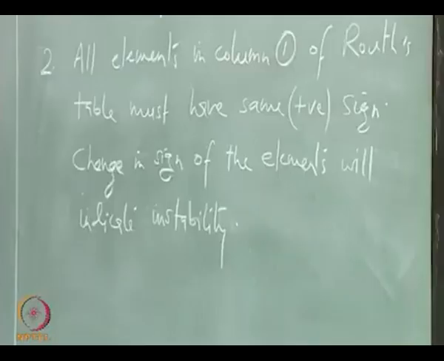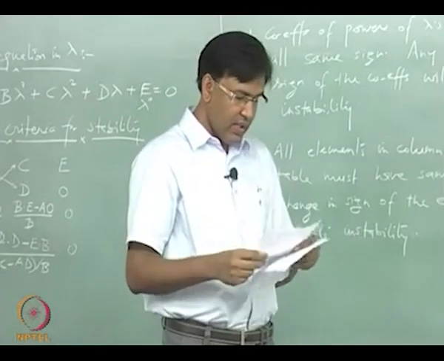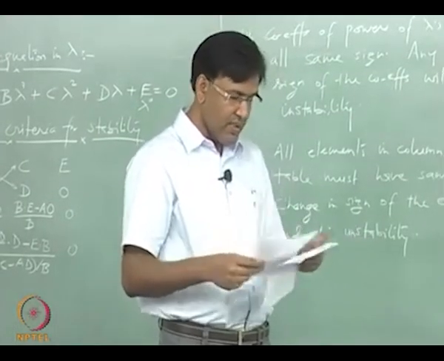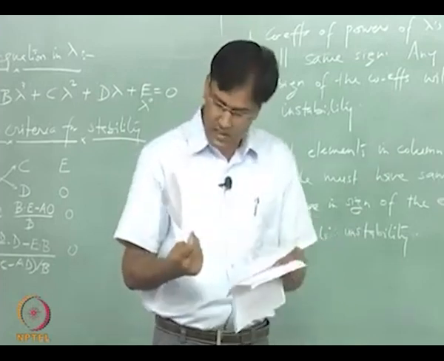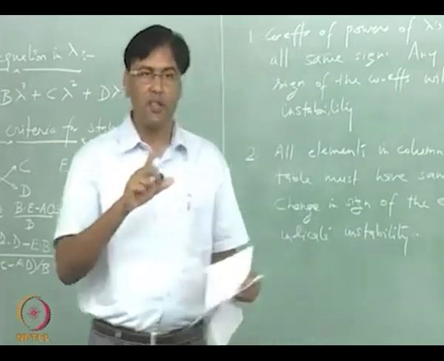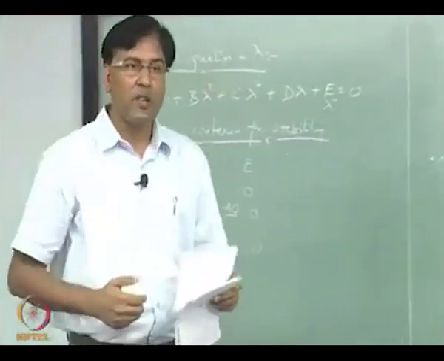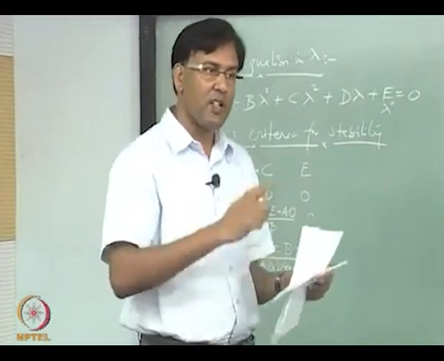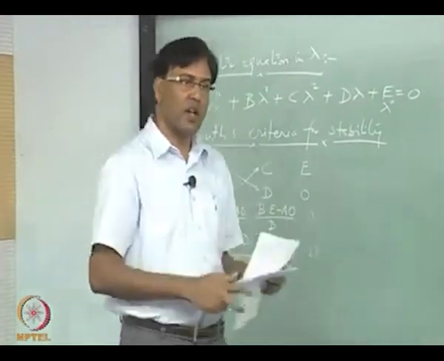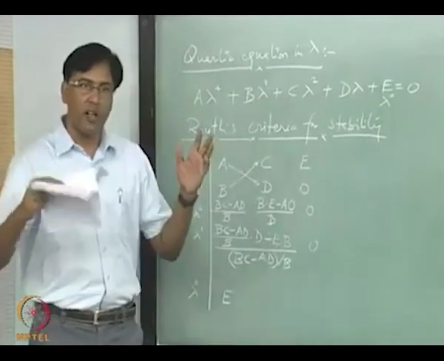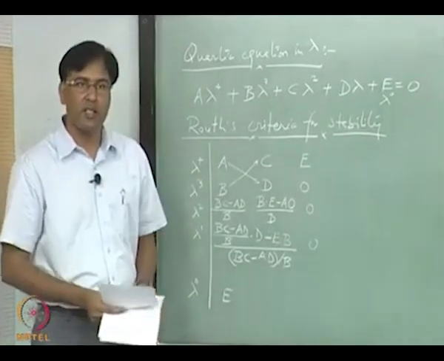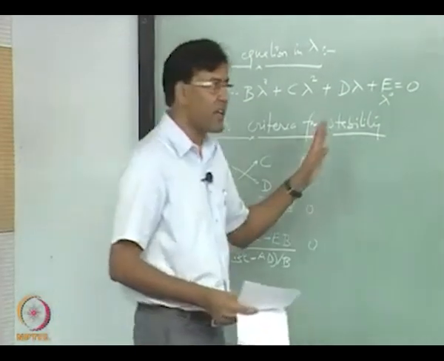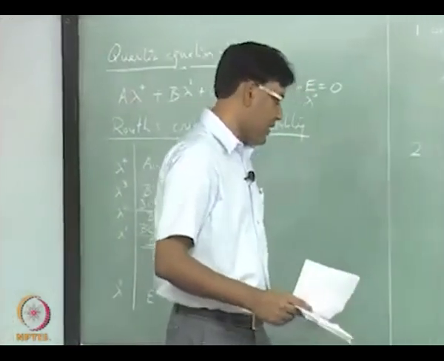Okay. So, we will look at some simple examples, after which I will talk about one example where we will directly work with the parameters of the aircraft, and somebody did actually this job for this quartic equation, and he found the stability boundaries. So, very interesting results.